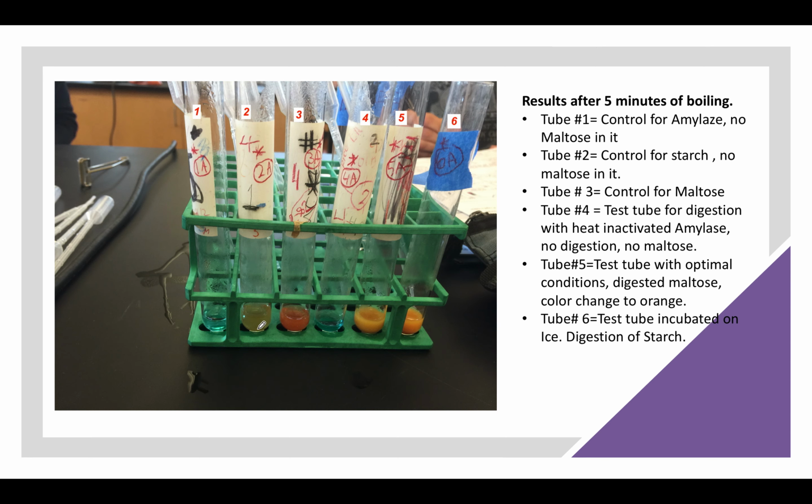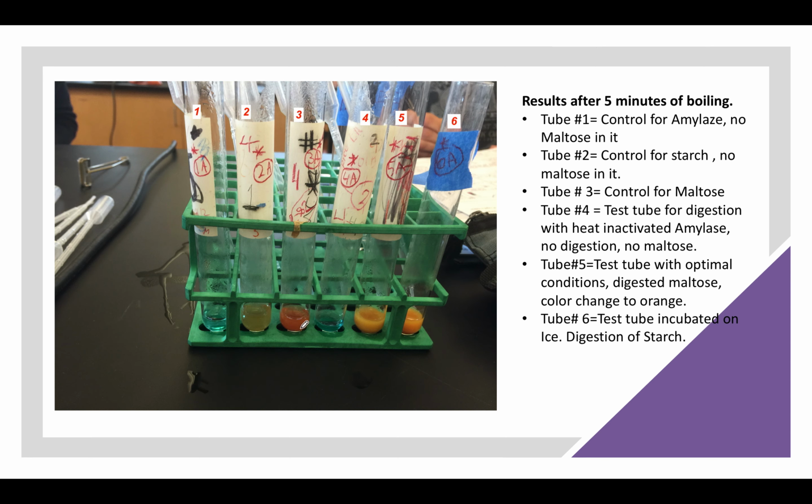This is our starch control. When we added Benedict, it turned a little bit bluish green, probably because the tubes were dirty from a previous lab. Sometimes they get contaminated with maltose. That's why there is a little bit of color change.